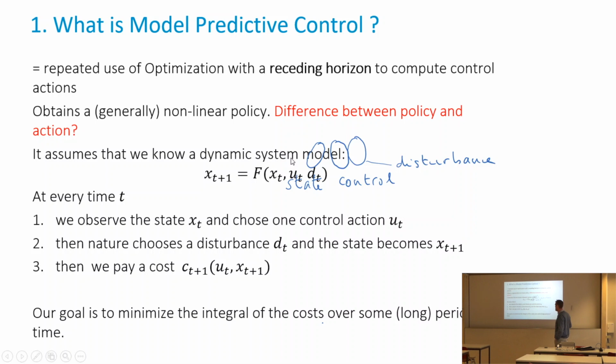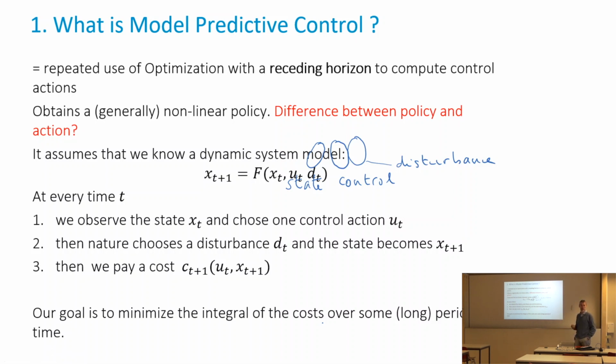But now in reality, when we have dynamic systems that evolve over time, we have the current state plus the disturbance and the control that influence the next state. So we can capture all the systems we are trying to control with this equation.